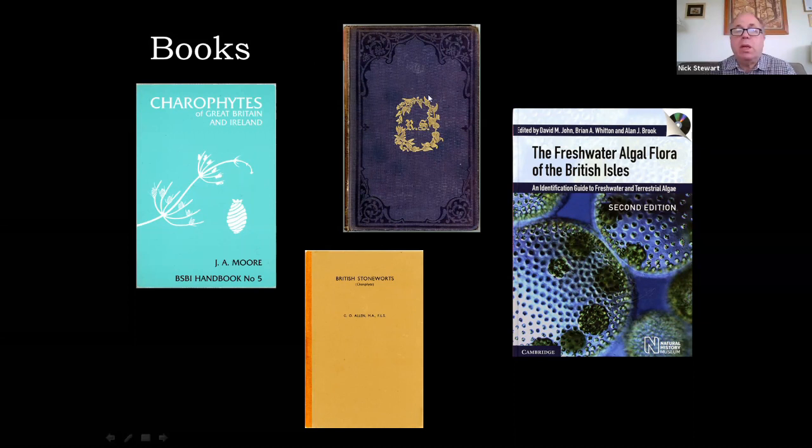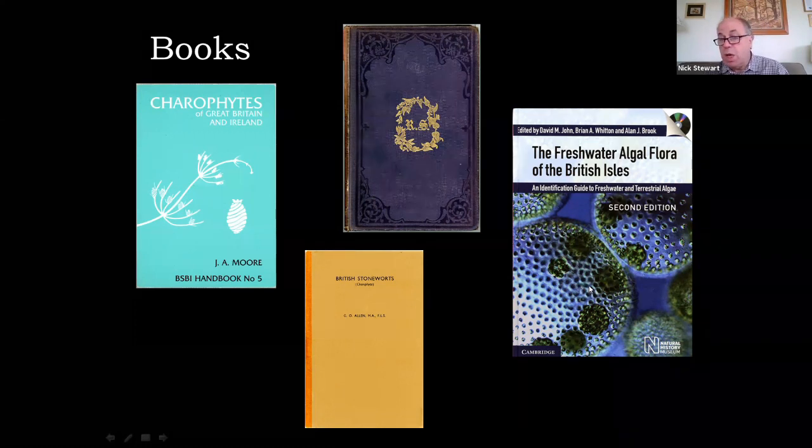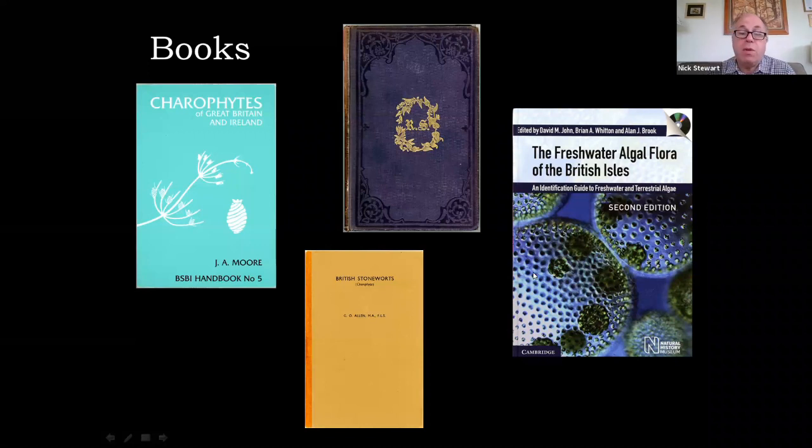You will find the completely up-to-date nomenclature in the British freshwater algal flora of the British Isles. This is a mighty tome which will set you back quite a long way. It's very good, very comprehensive for all groups of algae, and there is a good section there on stoneworts, but it's quite expensive.